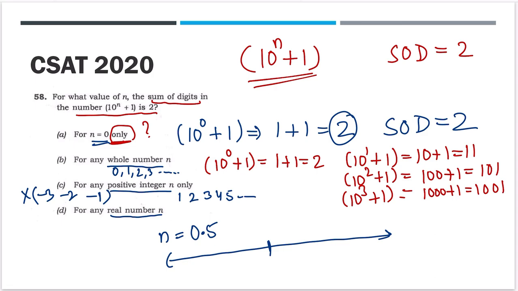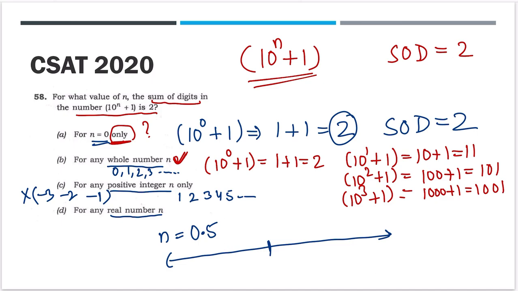Also correct means 0, 1, 2, 3, 4, any number you take, right? Till so on, any number you take, you will get an answer. So this option is also true. There is no condition given. Let's see, for any positive integer n. When we say positive integers, they only start from 1.